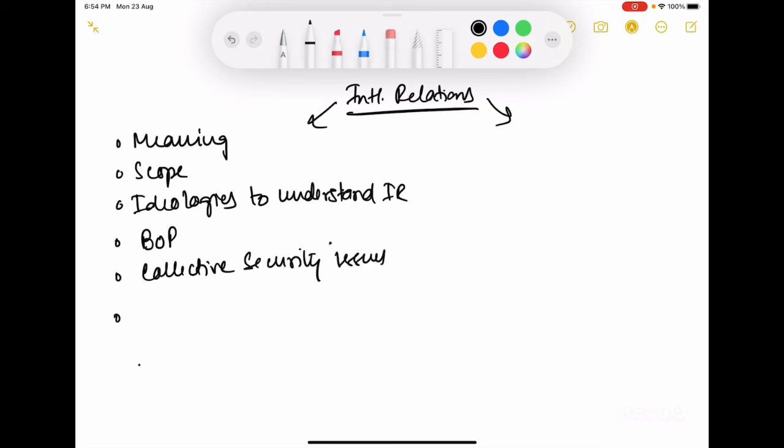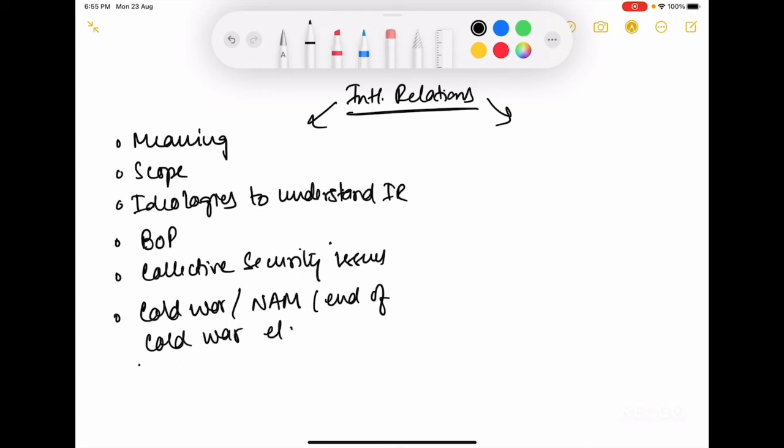And then you have issues like Cold War, NAM, end of Cold War, etc. On the other side, you have Indian foreign policy, nature and changes.